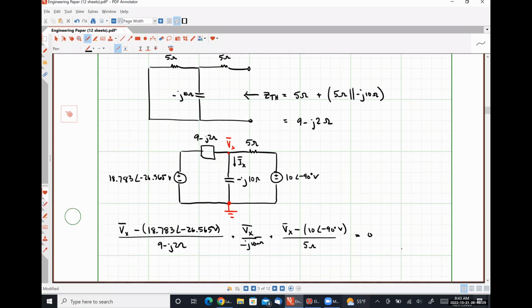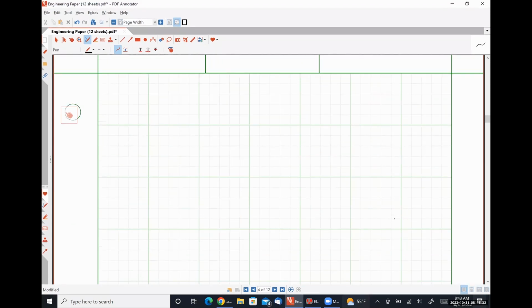And because I didn't give myself enough space, we'll go to the next page here. So this is going to look like Vx times 1 over 9 minus J2 plus 1 over minus J10 plus 1 over 5 ohms will be equal to whatever VTH was, I can't remember, over 9 minus J2.